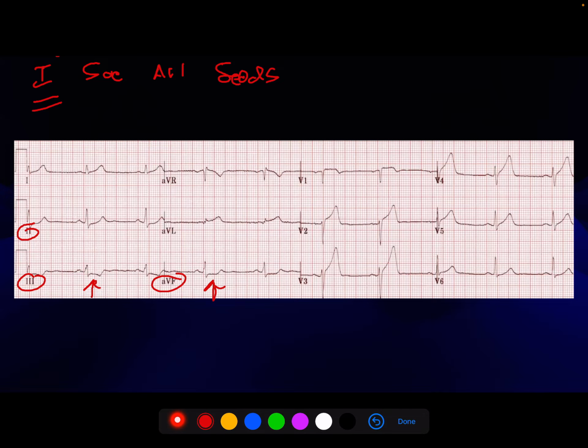And then C, the septum, that includes leads V1 and V2, so the septal wall. So we're looking at the left anterior descending artery here, and then the anterior wall of the left ventricle, also the LAD, V3 and V4. And so that's where I move to next. I look at inferior, and then I look at the septal and anterior leads.